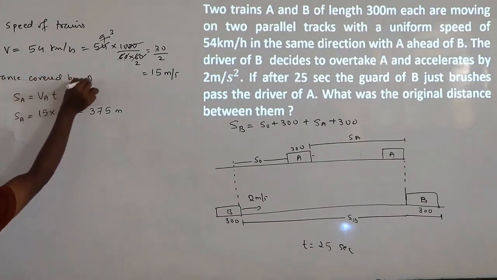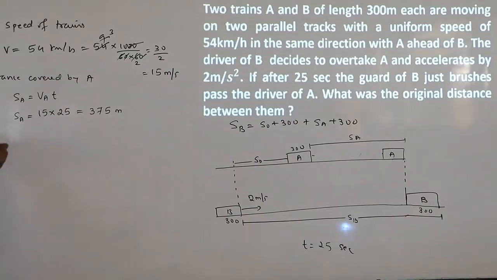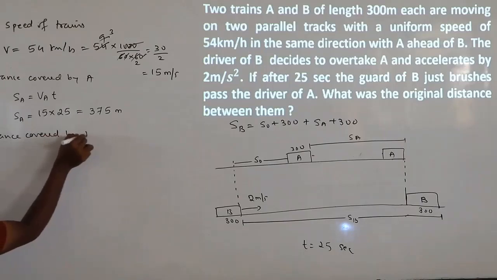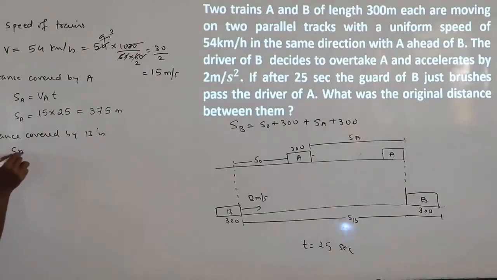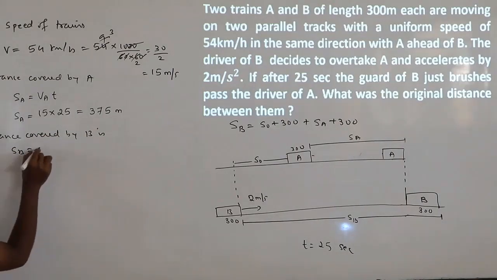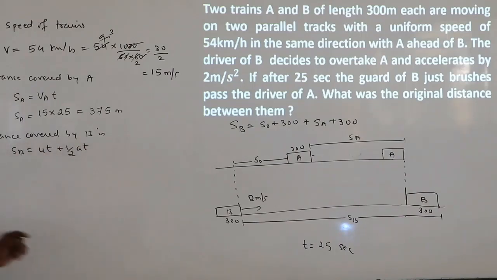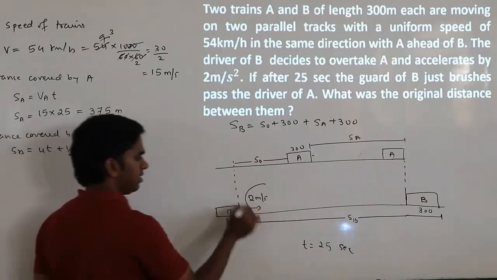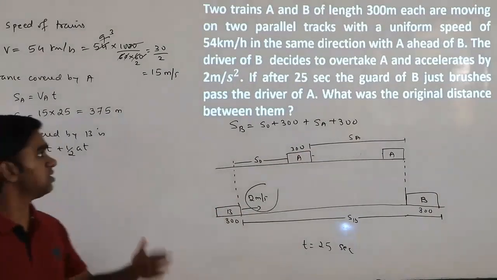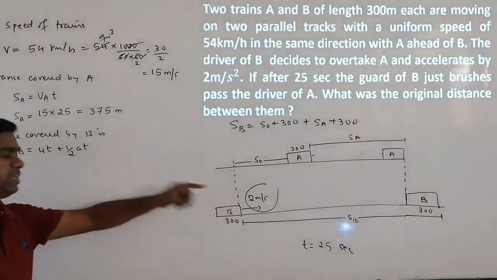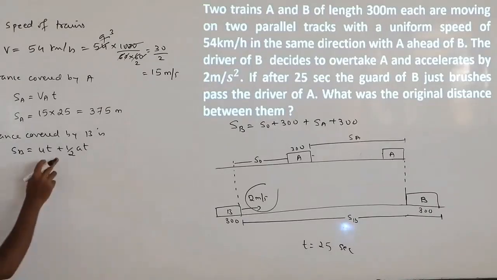Now the distance covered by B, SB, here you have to apply UT plus half AT square. Why? Because they are saying he is accelerating. For A, velocity was constant so you could use the earlier formula, but here he is accelerating, so use this formula.